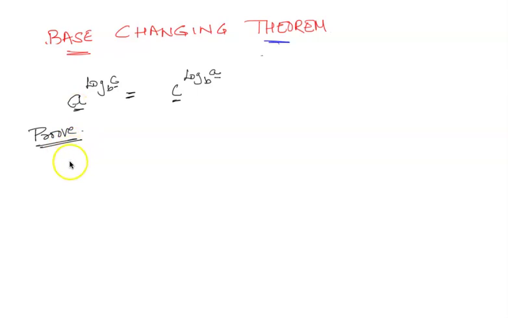Okay, I'll start the proof. So a to the log c to the base b. I can write this as a to the log c to the base b into log a to the base b into log a to the base c into log c to the base a.